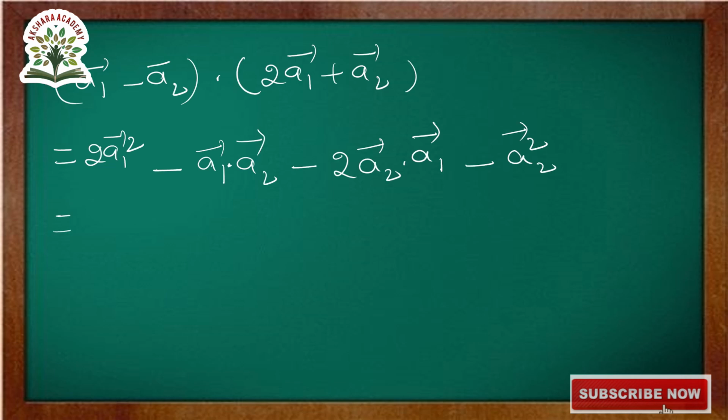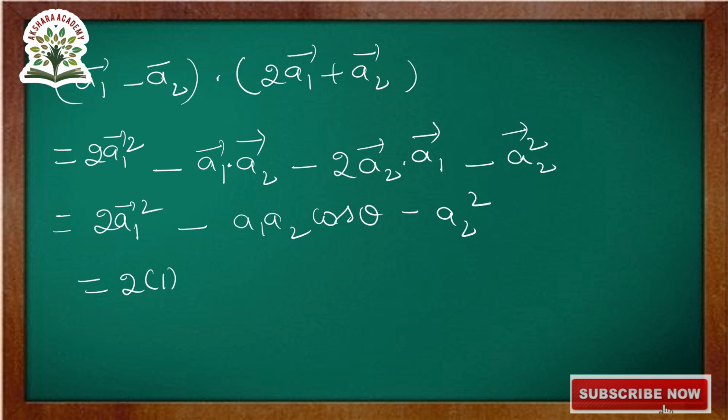That is equal to 2 A1 bar square minus A1 bar dot A2 bar, that is equal to A1 A2 cos theta, minus A2 square. So here in this question they given A1 and A2 are two non-collinear unit vectors. So A1 is equal to 1, A2 is equal to 1.